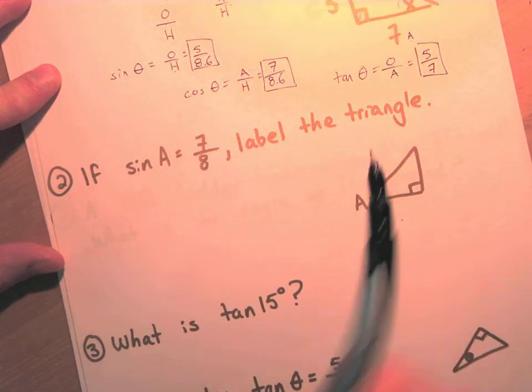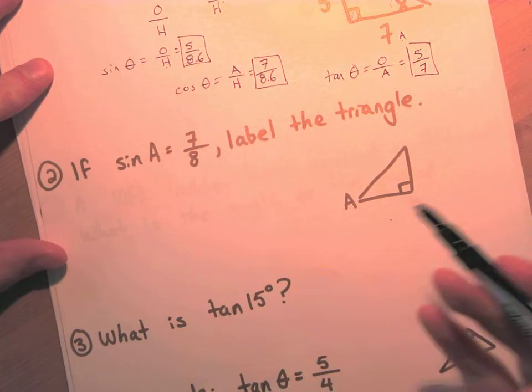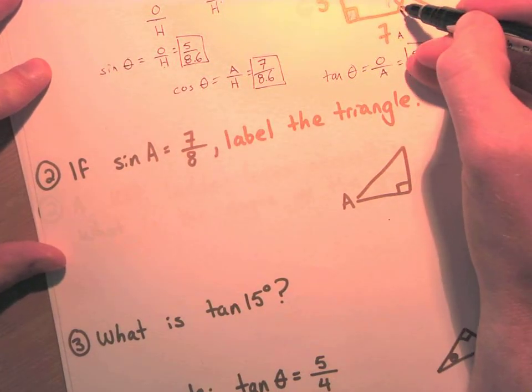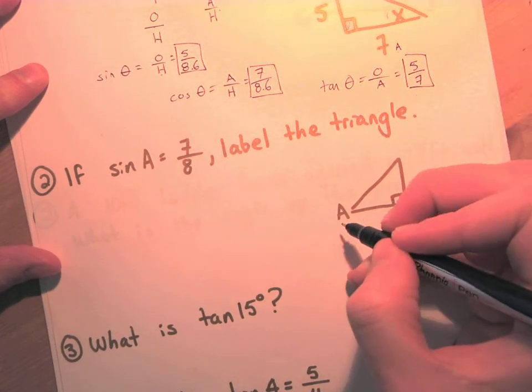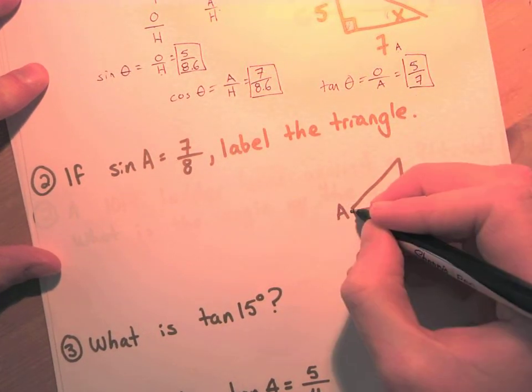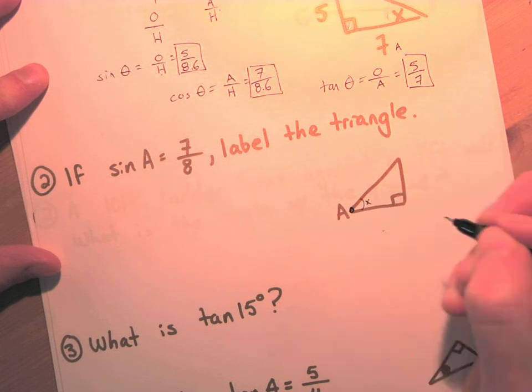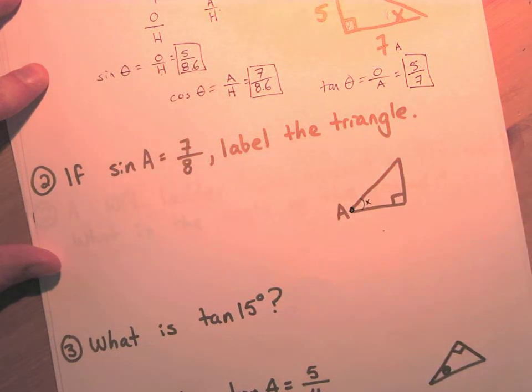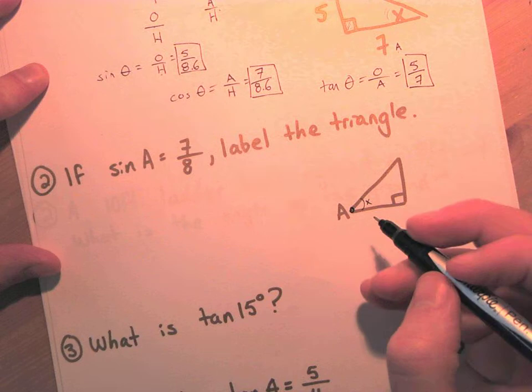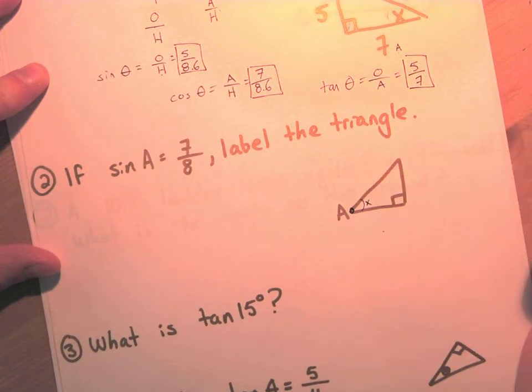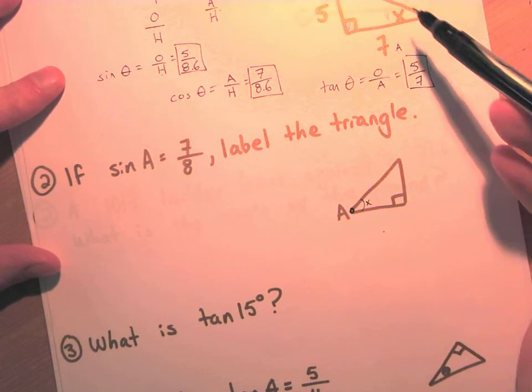It says label this triangle here. So they don't have an X like the last question, but they do say that A is this corner right here. So that means that's really our X. That's the one that we denote that we're going to use. So let's go ahead and label our triangle like we did the last one.